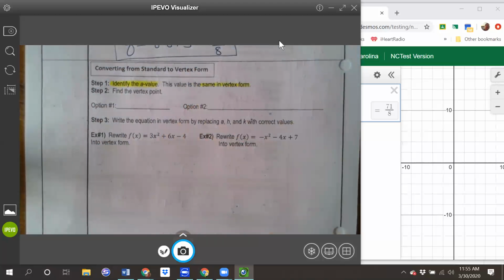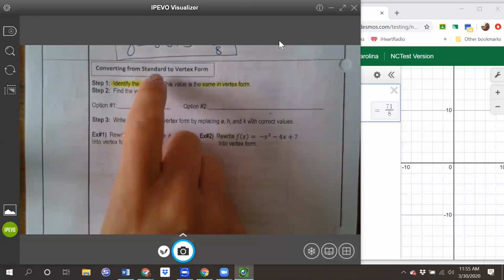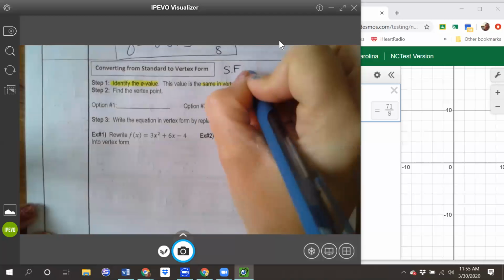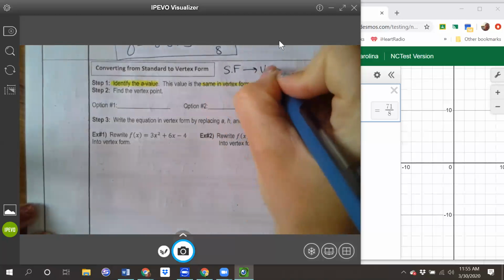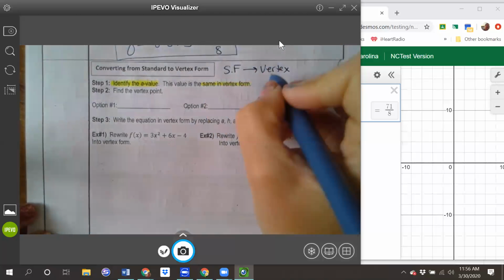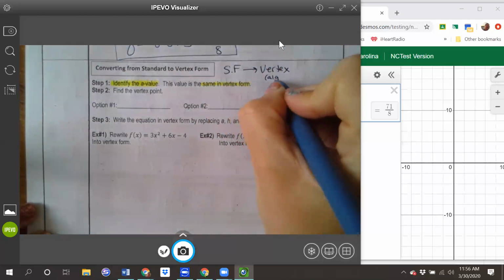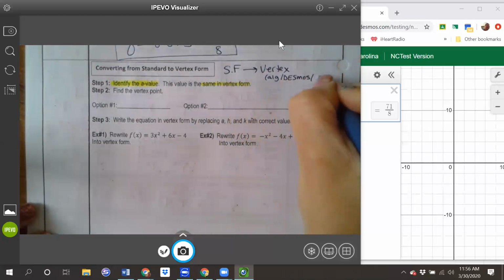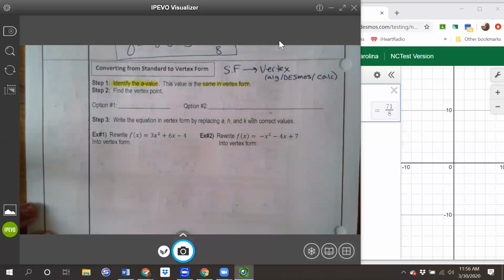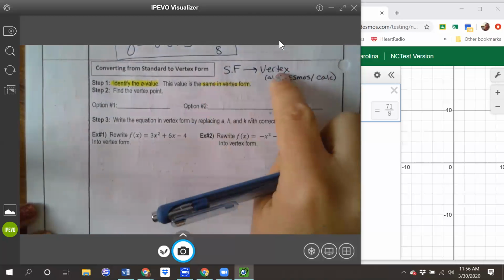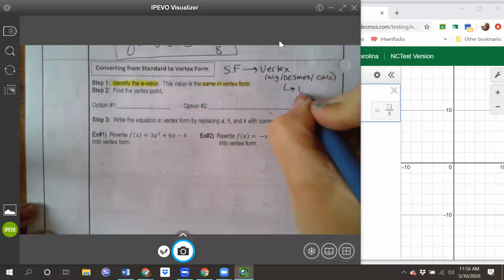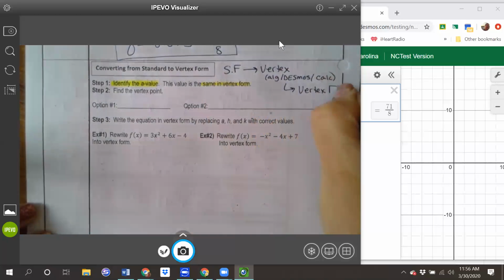When we are given standard form, we are going to find the vertex. How can we do that? Well, we can use algebra, we can use Desmos, we can use our graphing calculator. And then once we find the vertex, we can go ahead and write it in vertex form.